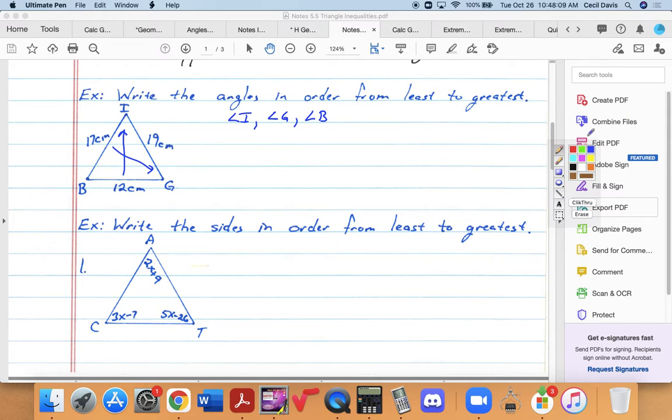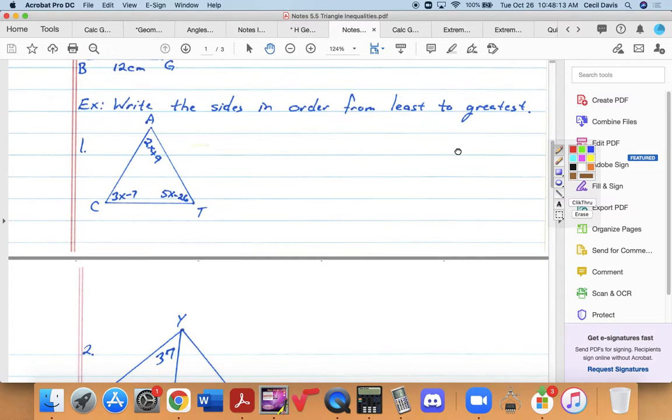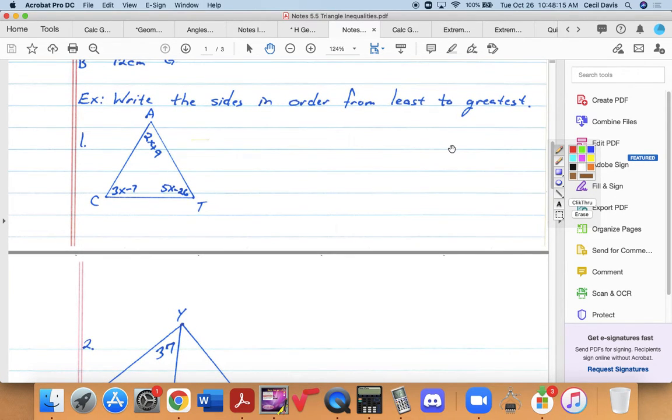Okay, so let's do one that requires you to do a little more work. Here we're going to write the sides in order from least to greatest. Okay, but they didn't give us any of the angle measures. What about 180? All three angles add up to be 180.